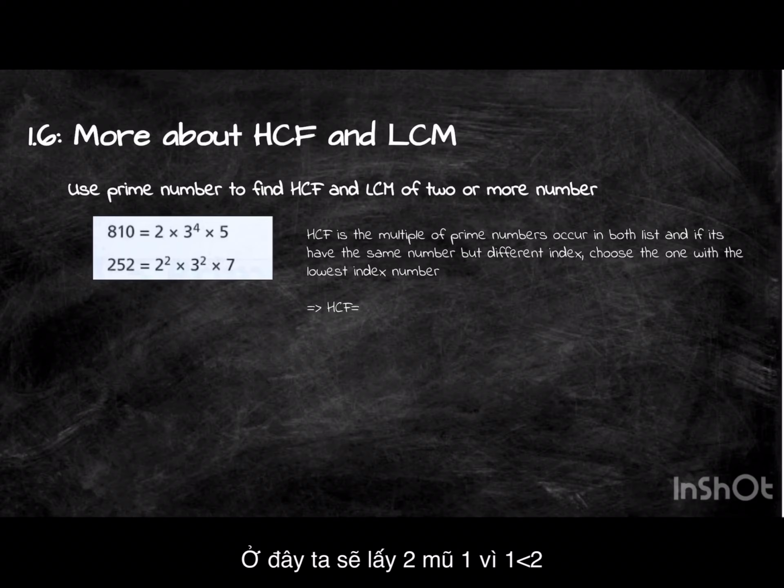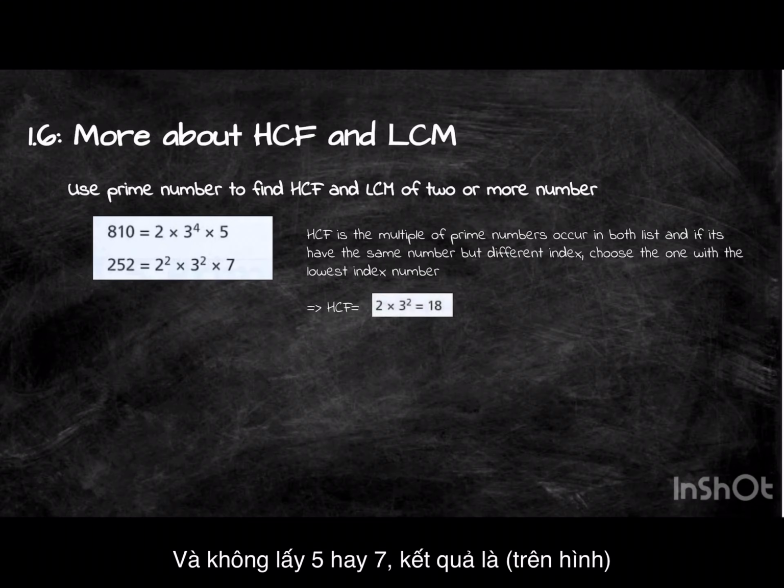And we have 3 to the power of 4 and 3 squared. 2 is smaller than 4, therefore we have 3 squared. For 5 and 7, they occur in only one of the lists, not both, so we don't have them here. So the highest common factor is 2 times 3 squared, which equals 18.